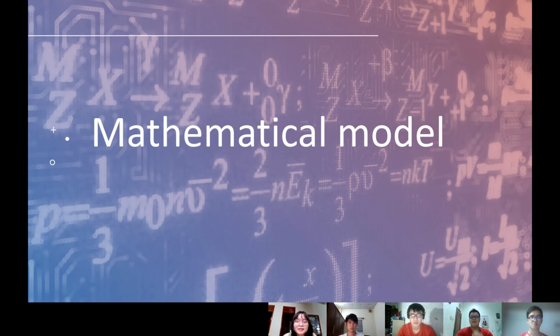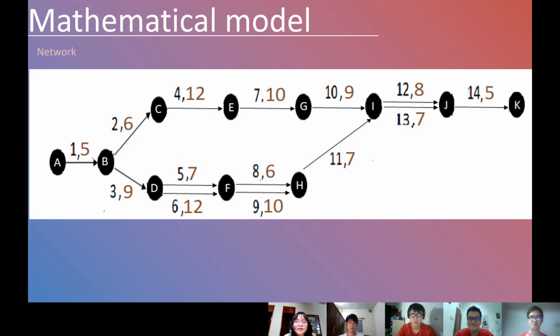This section is about the mathematical model. To solve this problem, first we need to draw a network to have an insight about the problem. Our group chose activity on the arrow network to illustrate the problem. Our solution, which is minimizing the time and finding the critical path, will be based on this network.